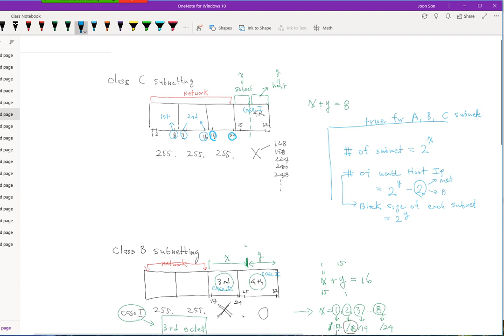That's why I say usable host IP addresses: the number of apples each apple box can hold is 2 to the Y minus 2, even though it has 2 to the Y space, because there's a network address and a broadcast address.